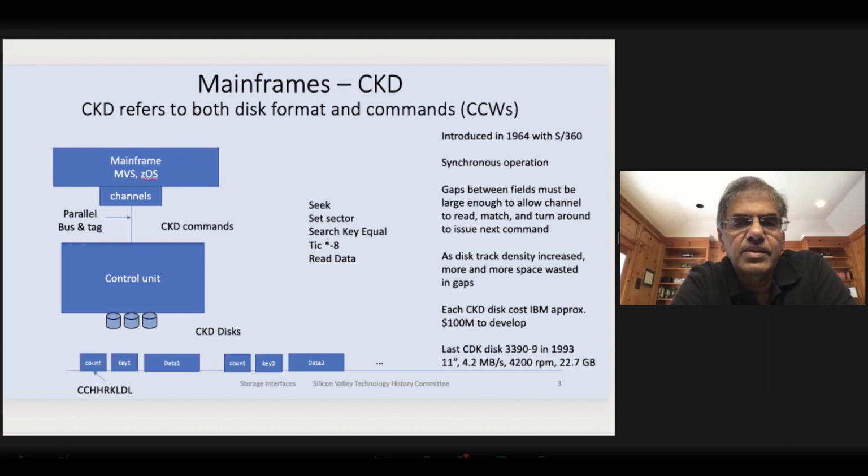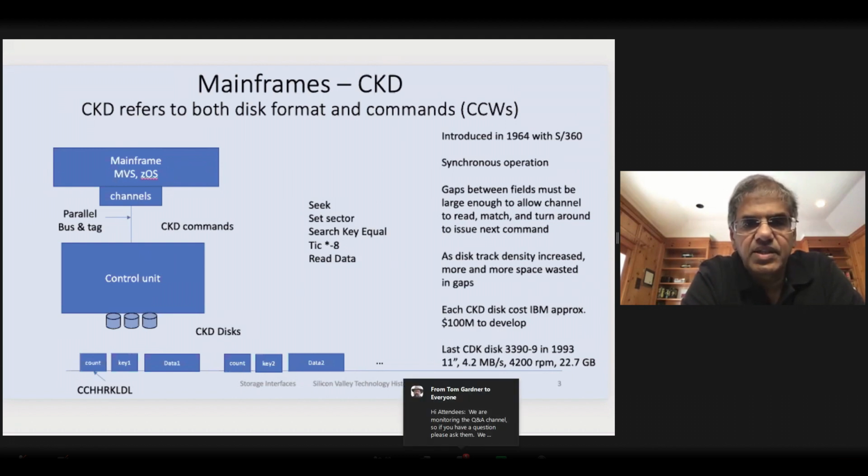They connected to the control unit with these parallel bus and tag interfaces that maybe went 100 feet or 200 feet. And then you had the control unit that then talked to count key data disks. You can see at the bottom that the records had a count field, an optional key field, and a data field. And all of these could be variable length. And the idea was that the mainframe processor and memory was too expensive to be doing this kind of searching.